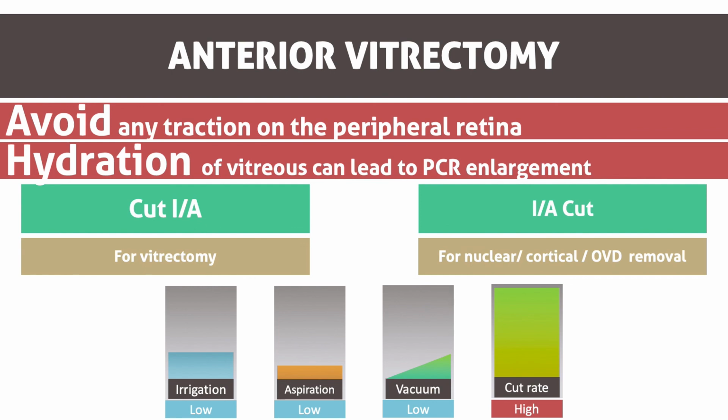We use cut IA, which is the first mode, to cut the vitreous, because if we start with cut, this will not cause any traction on the vitreous. Whereas if we do anterior vitrectomy using the second mode, which is IA cut, this will cause significant traction because we are aspirating the vitreous, then cutting it.